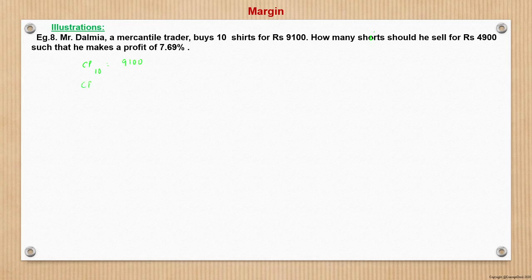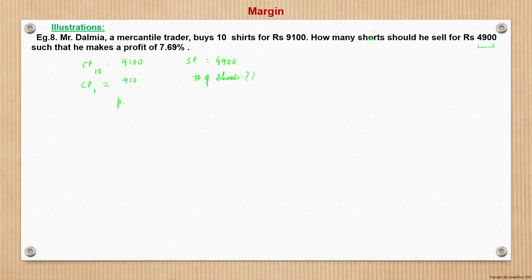So we can say CP of one shirt is 910 rupees. Similarly, we have to find how many shirts should he sell for 4900 rupees. So the total selling price of 4900 has been given. We have to find the number of shirts.